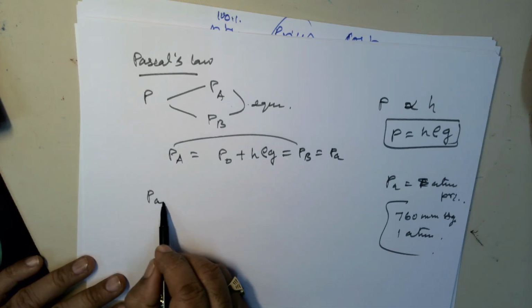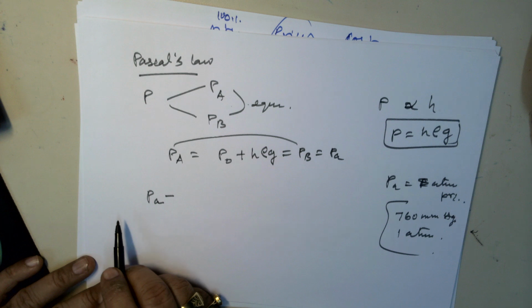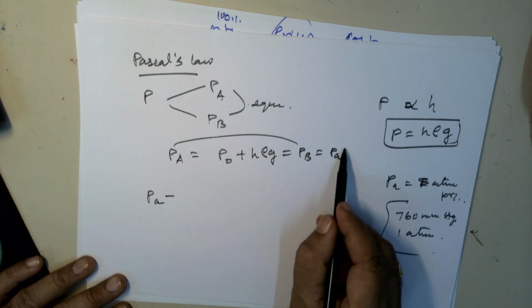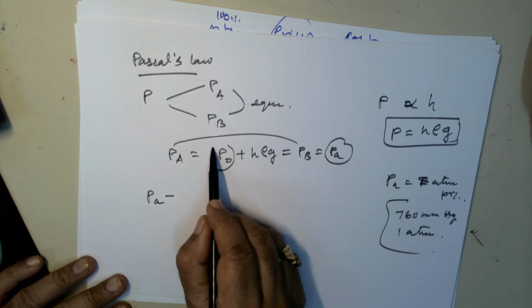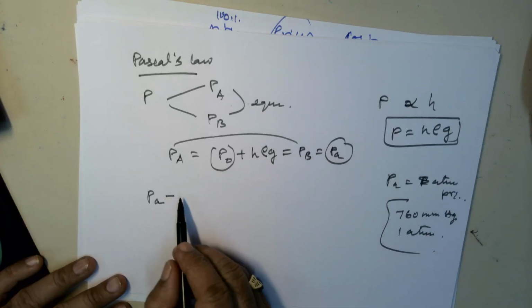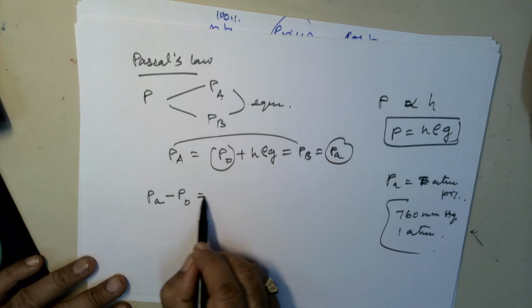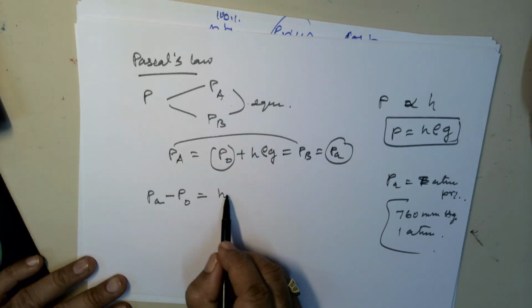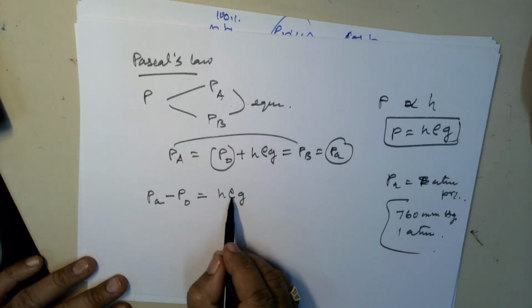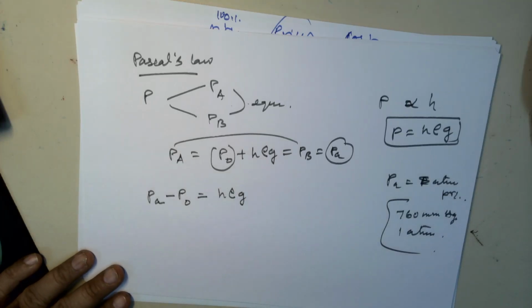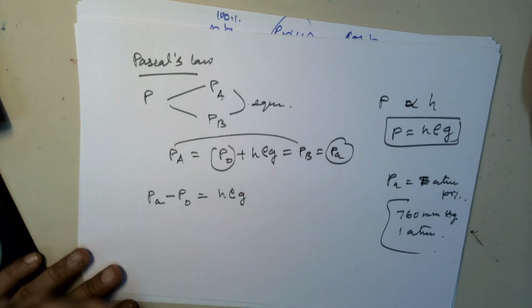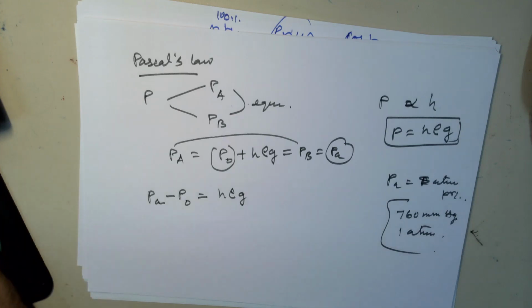Now PA is equal to PB according to this. Therefore, PA minus PO, so bring this PO this side. So PA minus PO is equal to h rho g. Okay, rho is the density of the liquid. Are you able to follow?